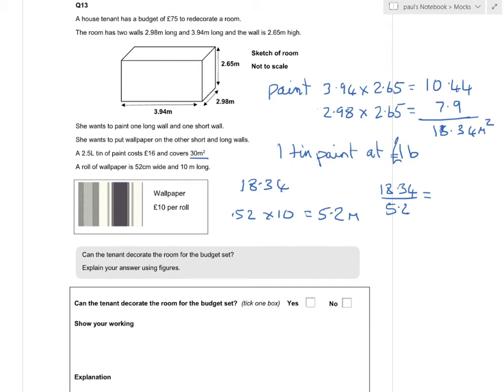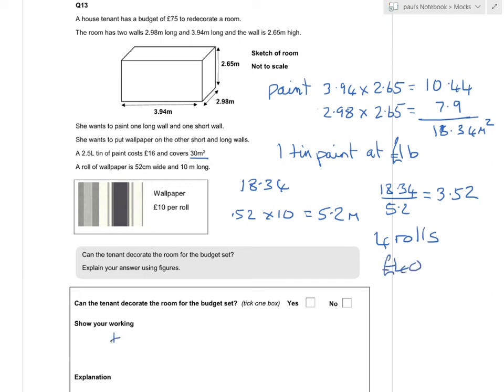18.34 divided by 5.2 is 3.52. So that's the rolls. So round up to 4 rolls, which is £40.